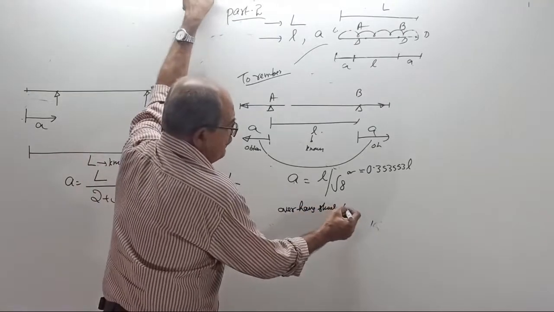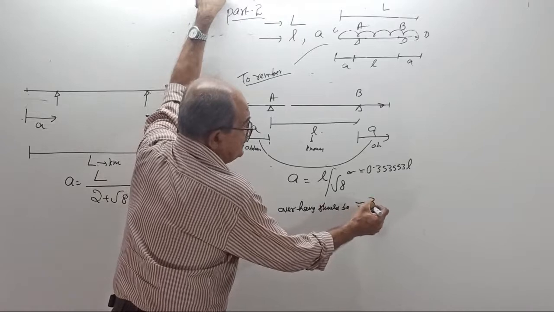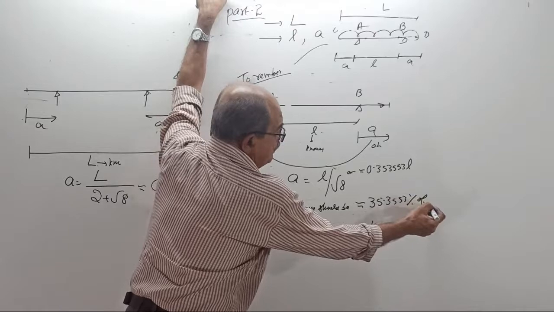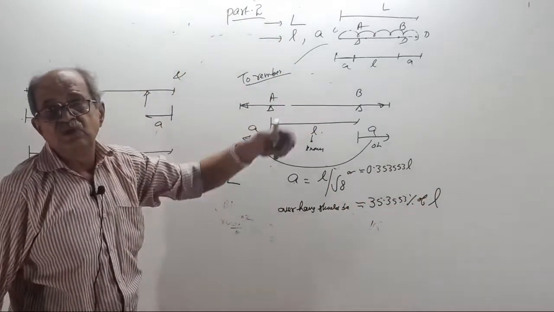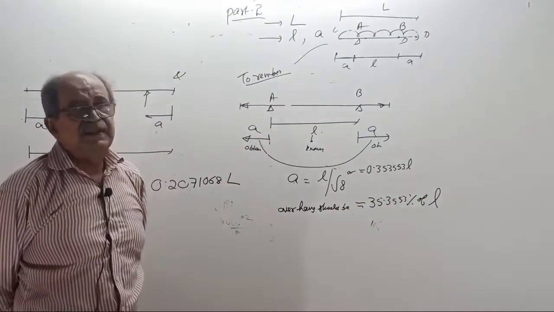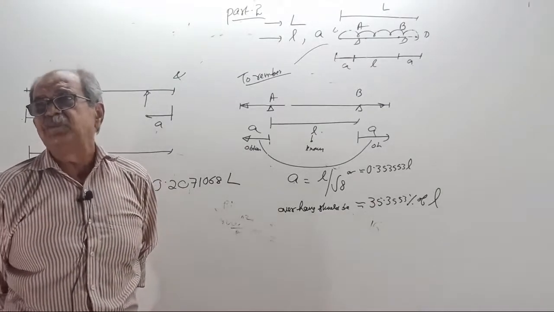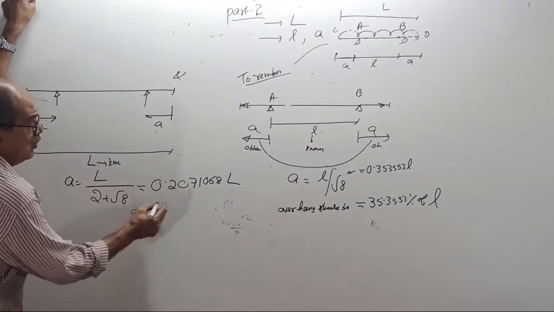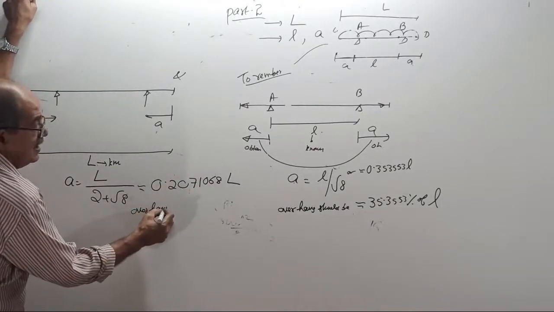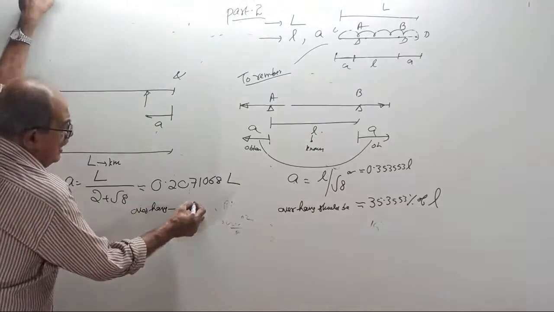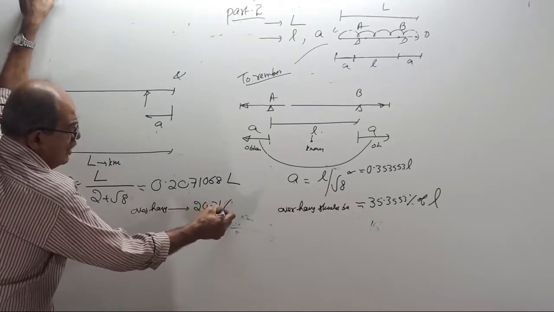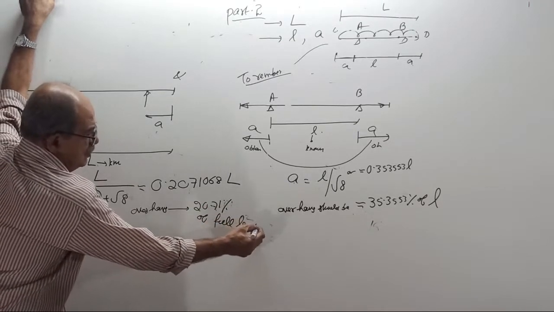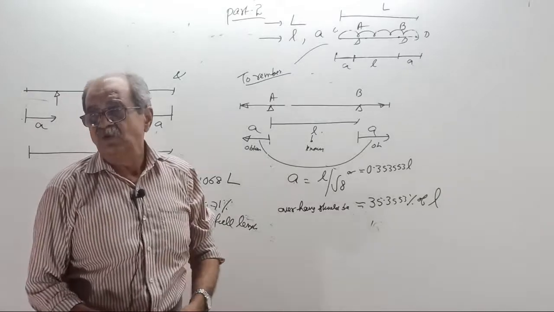Should be approximately 35.3553% of L. Here overhang should be, not 35, around 20.71% of full length. 20.71% of full length. Clear now?